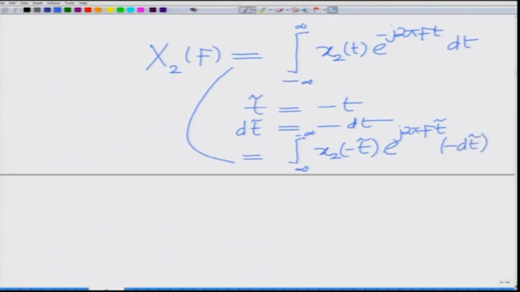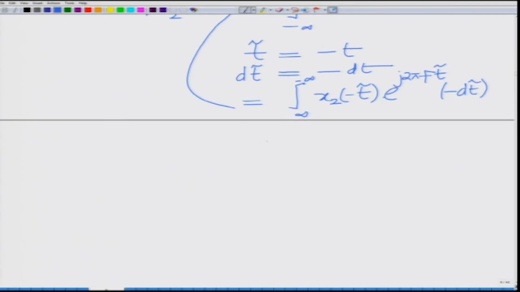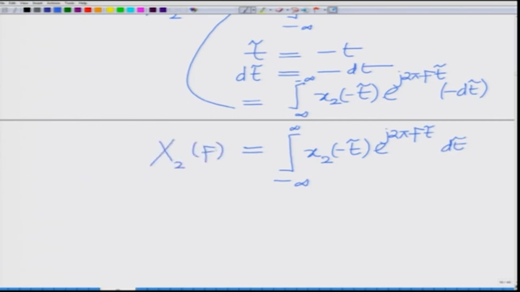I can remove this minus sign by interchanging the order of integration, so infinity to minus infinity becomes minus infinity to infinity. Therefore, we get x2(minus t tilde) e to the power of j 2 pi f t tilde, and the minus sign in dt tilde goes away because I changed the order of integration.